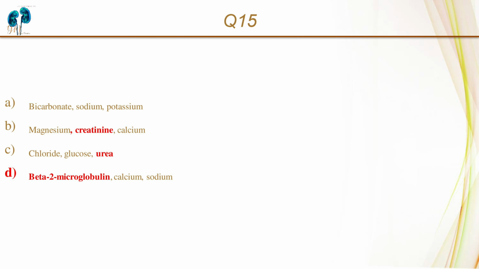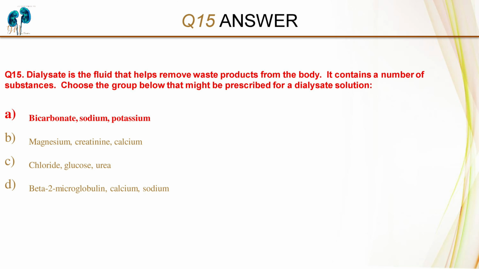In option C, they mention urea, which is also not in the dialysate. In option D, they mention beta-2 microglobulin, a middle molecule toxin. These are all not in dialysate. So the right answer for the 15th question on dialysate composition is option A, bicarbonate, sodium and potassium.